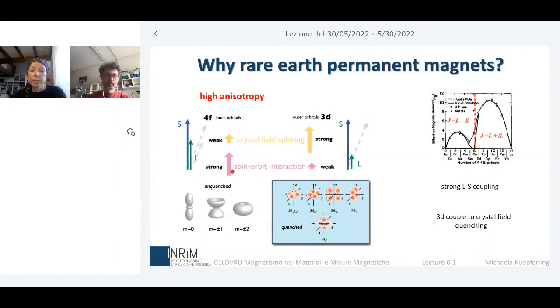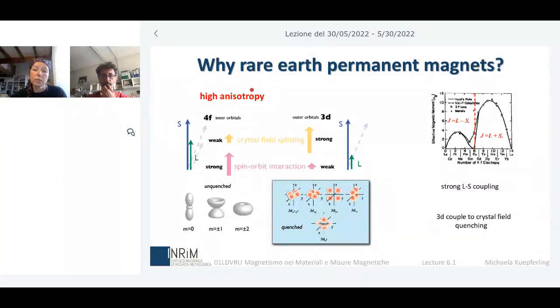In the 4f, it's the opposite. The 4f orbital is very much localized to the nucleus, so it will not interact much with the crystal field, but it will much more couple the spin magnetic moment with the L magnetic moment, and we have strong LS coupling in this case. Combining these two materials brings you the two advantages.